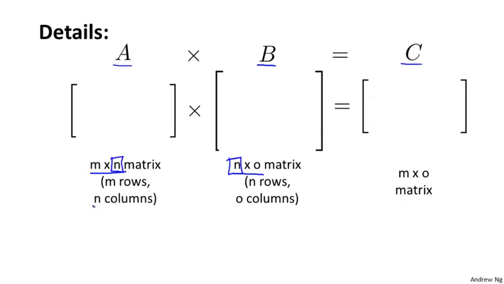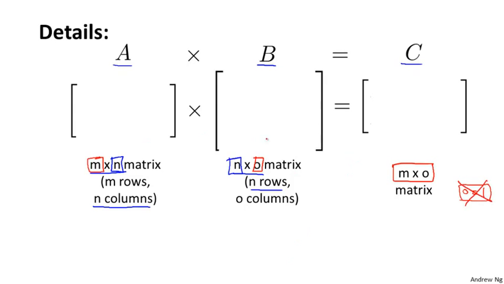So the number of columns in the first matrix must equal the number of rows in the second matrix. And the result of this product will be an m by o matrix, like the matrix C here. And in the previous video, everything we did corresponded to the special case of o being equal to 1. Okay, that was the case of B being a vector. But now we're going to deal with the case of values of o larger than 1.